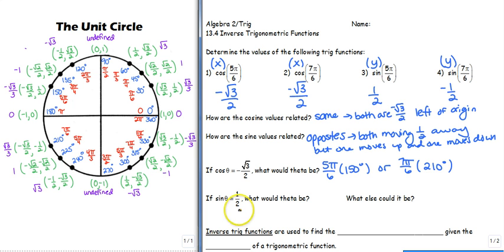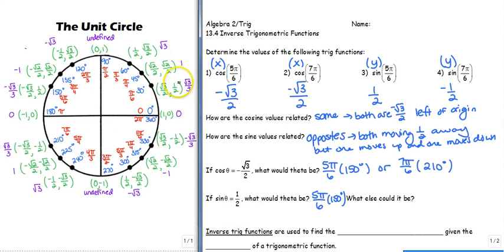What if I was looking for a sine value of 1/2? So I'm looking for a y-coordinate of 1/2, and we found that that would be 5 pi over 6, which again is 150 degrees. What else could it be? Now we know it's not going to be 7 pi over 6 because that's a negative 1/2. We're trying to look for what angle measure is going to give us a y ratio of 1/2.